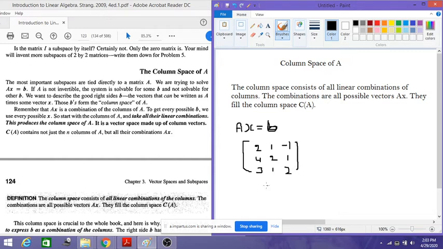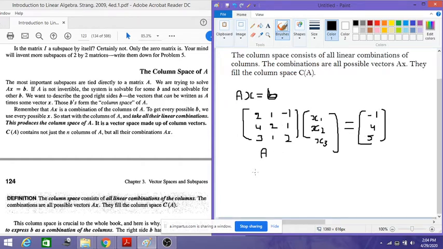These are my coefficients, which represent the matrix A. Let us consider the three unknowns x1, x2 and x3. This should be equal to the right hand side of the equation, say minus 1, 4 and 5.